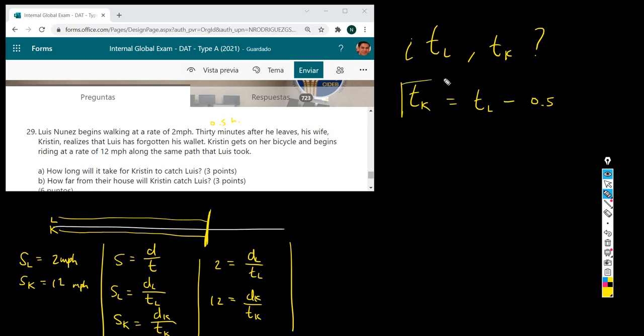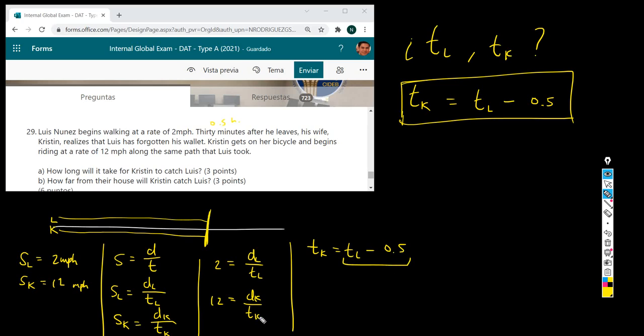This is the equation that relates these two quantities. So TK equals TL minus 0.5, and I'm going to substitute that in here, because that's TK, right?